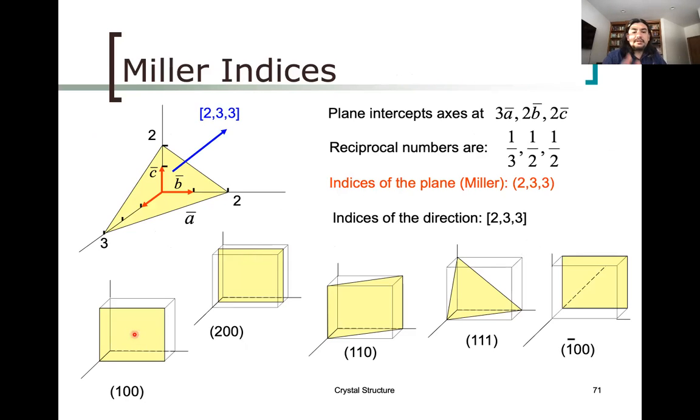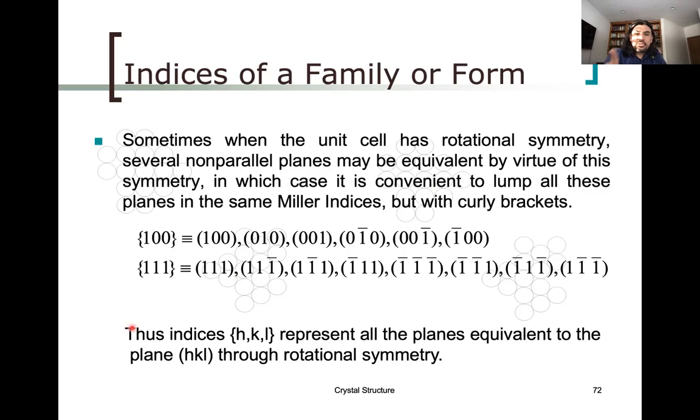The 100 planes are separated by a distance of 1. Now the 200 planes are separated by a distance of half. So in between all of those, there are more planes than here. So they're not an identical family, but all of the ones that show up in the 100 family are going to be inside of the 200 family.